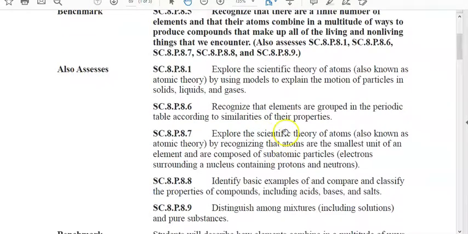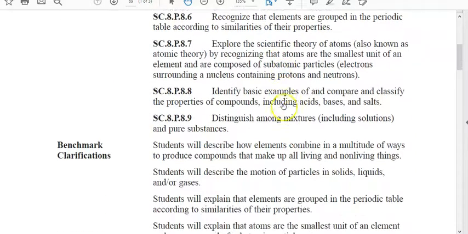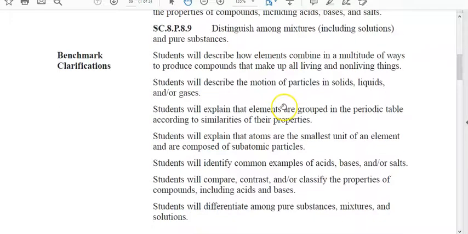So we're dealing with exploring the scientific theory of atoms, also known as atomic theory, by recognizing that atoms are the smallest unit of an element and are composed of subatomic particles, electrons surrounding a nucleus containing protons and neutrons. When you go down here and you see benchmark clarifications, when you read through these, they are to explain how the achievement of the benchmark will be demonstrated by students.